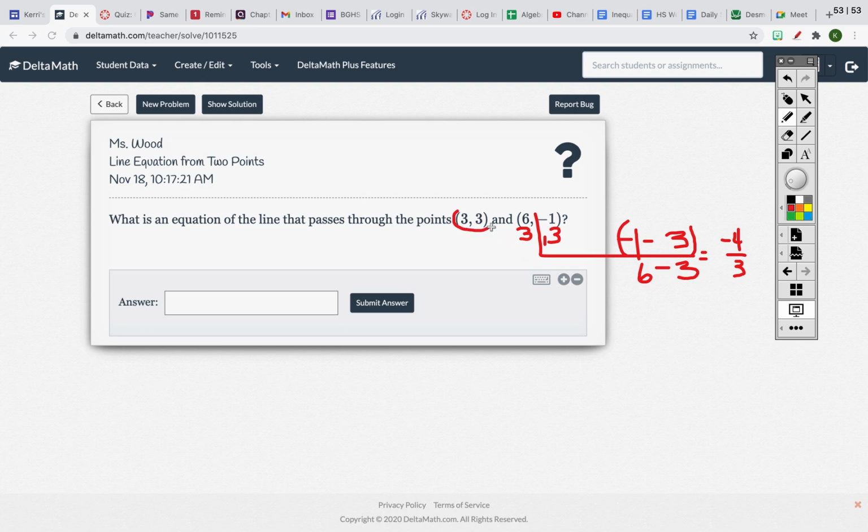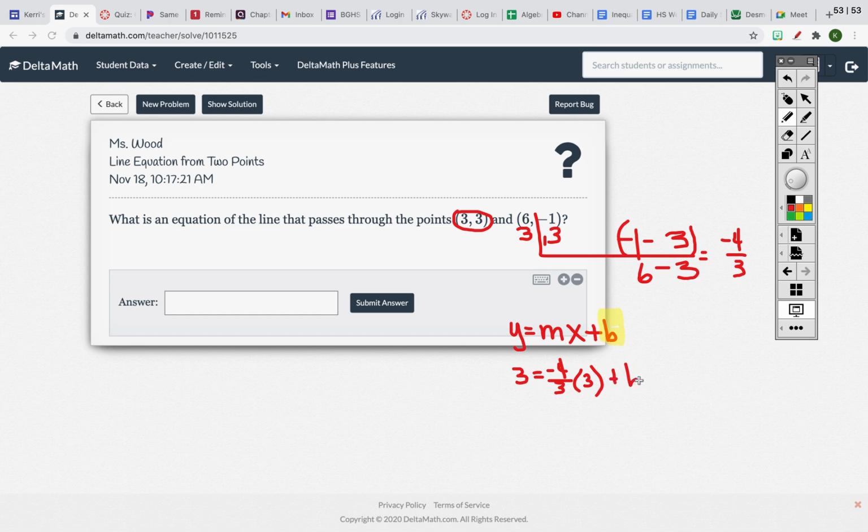I'm going to use this point. It doesn't matter which one you use. Plug it into y equals mx plus b. Right now we're trying to find the b. So my y value is 3. My m is -4/3. My x is also 3.